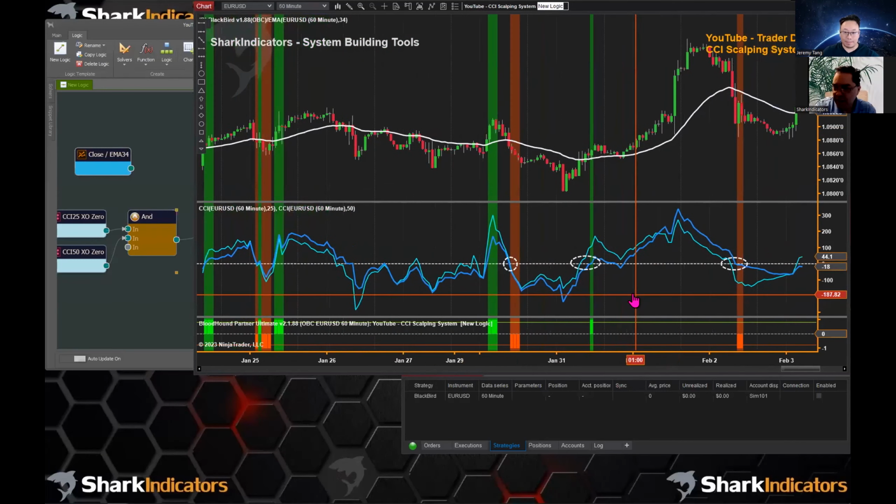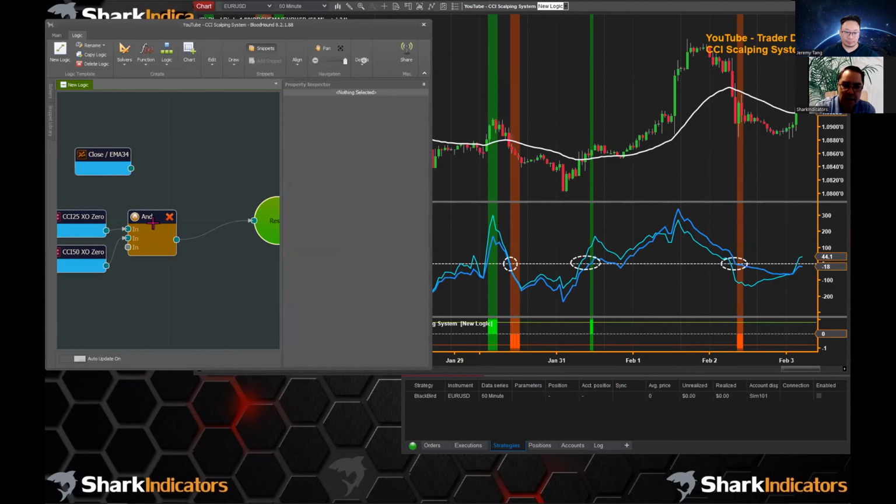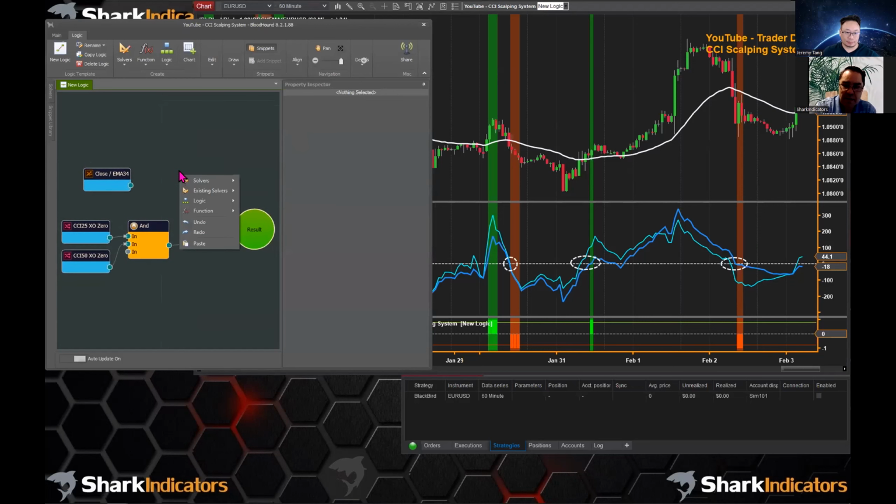The next thing, if you're really astute here, you'll notice that quite often we get several bars with signals, and usually we like to see things nice and clean and neat. So if we want to clean up those signals, and let me zoom out a tad bit, we can add what's called a function node.